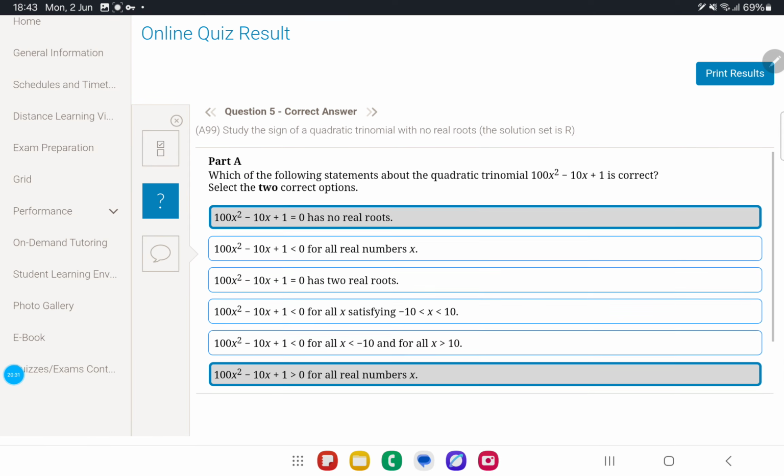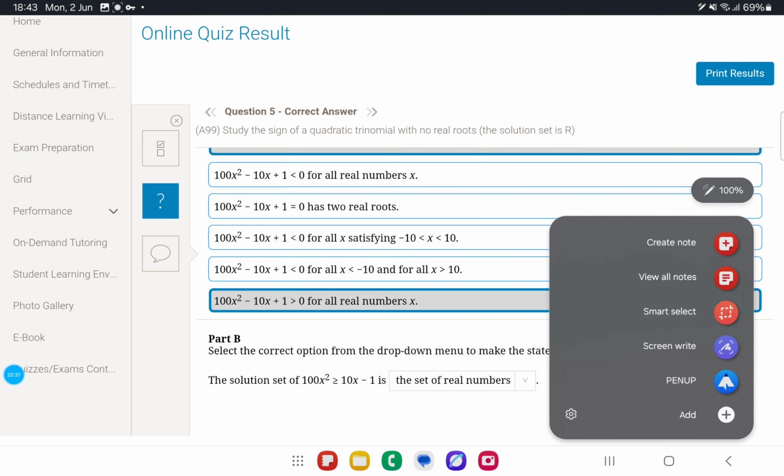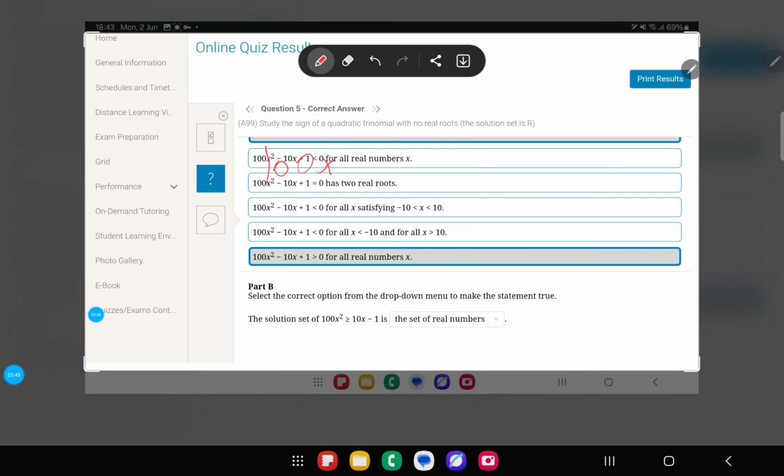That's what it basically means. I hope you understood. Part B, the solution set of, okay, this is the same thing. 100x squared greater than or equal to 10x minus 1. Now we're gonna flip it on the other side. 100x squared, you're gonna flip 10x, it becomes negative 10x.